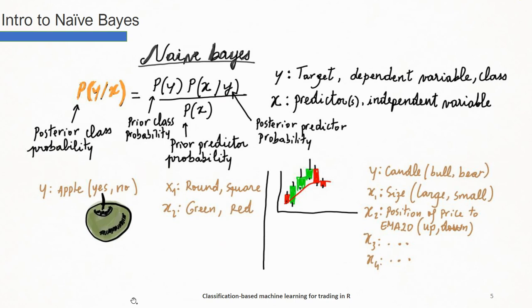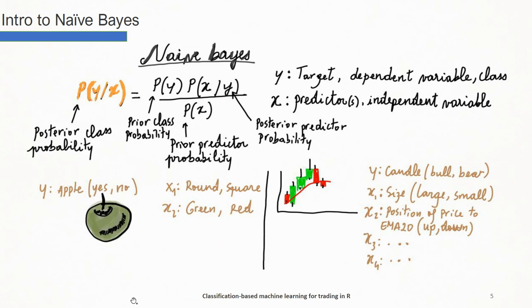Meaning, if the candle is large, for example, there is no relationship whatsoever between the candle being large and the price being above the EMA 20, which is a fair assumption to make, right? So in our example, this could be something really interesting to see, because it looks like there might not be a relationship between the different features. Whether the candle is large has probably nothing to do with whether the price is above the EMA 20 or not, etc.